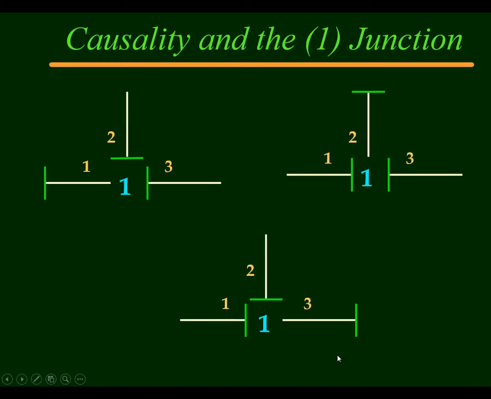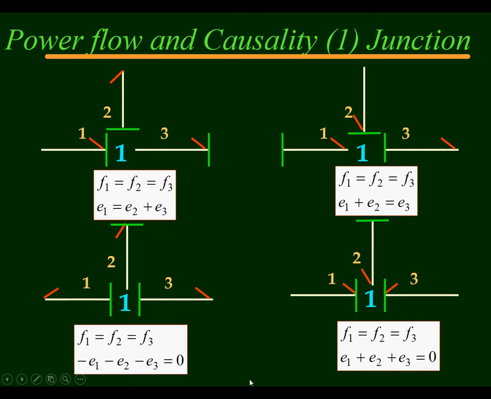Different possibilities for the one junction. One junction has only one flow in. All the others flow out. See, one flow in, the others out. Okay, can only have one flow in. And in here, there's the same cases as we presented for the zero junction, but for the flow, in this case, all flows are the same, but the efforts will add up, will sum.